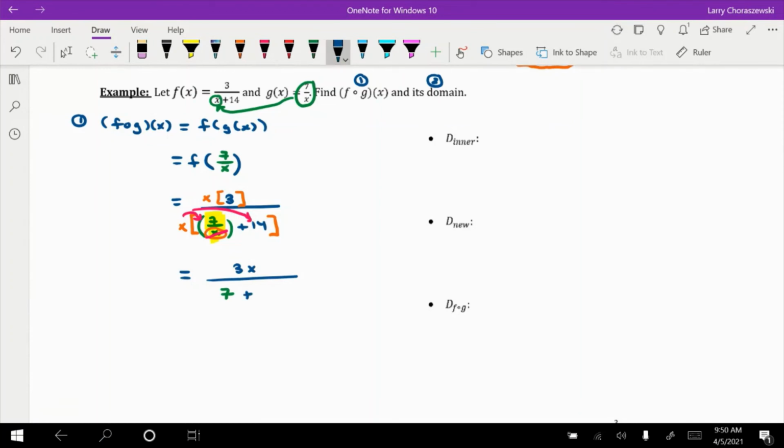But when we distribute x to 14, we're going to have 14x now. Does that make sense? So this is our composition function, at least the expression for it. Let's move on to find the domain.